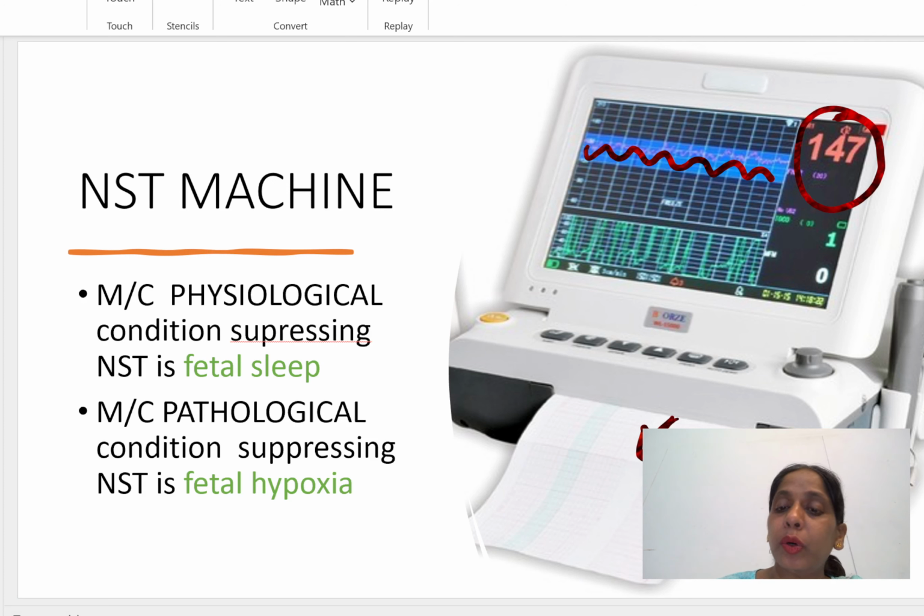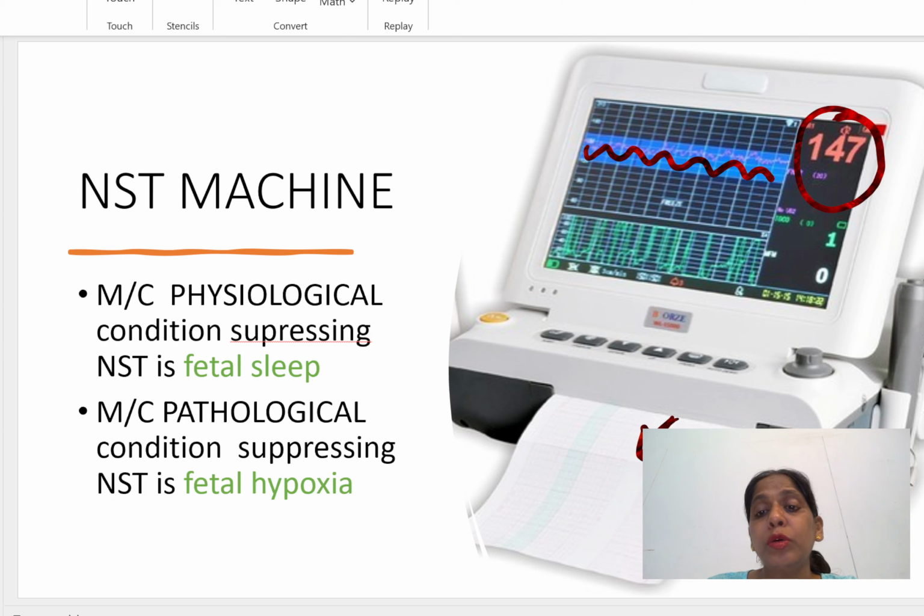So it's quite obvious that one can get a false report of negative or non-reactive NST, and the most common physiological reason is that the fetus is sleeping. When the fetus is sleeping, it will not move, and there will be no rise in the fetal heart rate. So we might think that this NST is non-reactive, but the physiological reason behind it is that the fetus is sleeping.